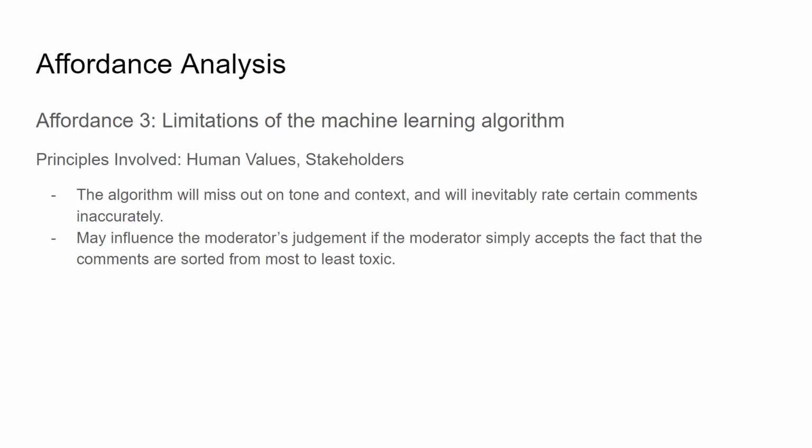When the moderator goes through the comments, they are likely to be influenced by the fact that comments are sorted from most toxic to least toxic, and begin to just trust the algorithm and not truly pay attention to certain comments they are allowing onto the site. It could also lead to comments that didn't need to be filtered out getting filtered out because of lack of context and inability to judge tone.